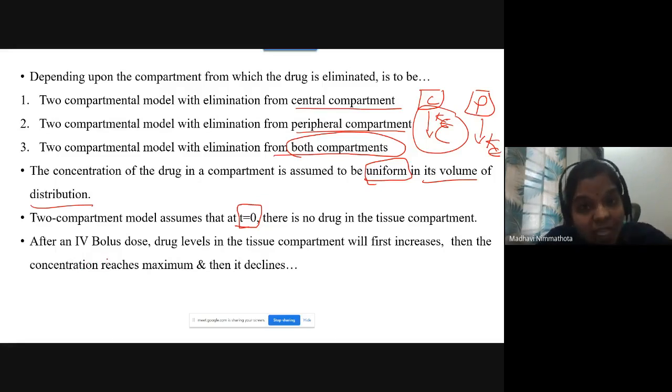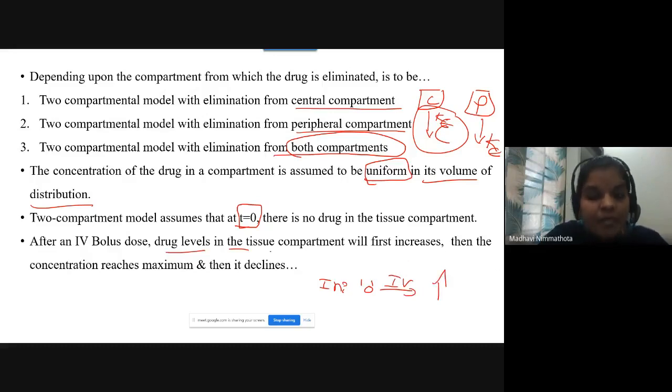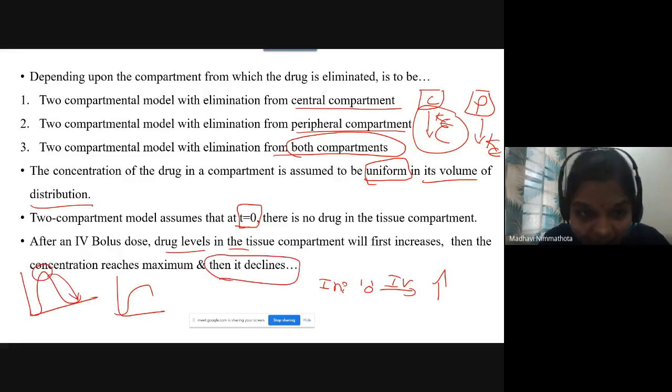After taking an IV bolus, definitely the drug levels will be higher, right? So initially it is 0. After taking an IV bolus, it will increase. Then the concentration will reach the maximum. After that, what is going to happen? It will decline.